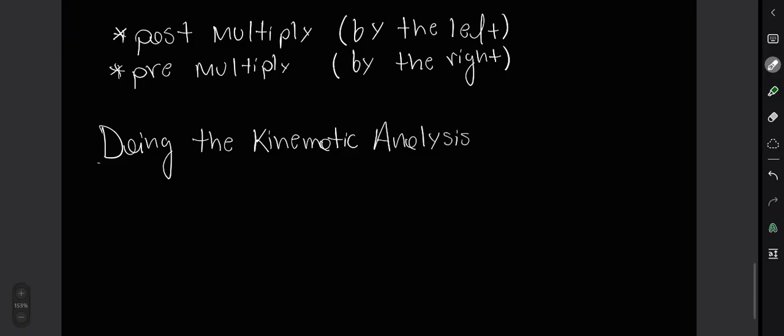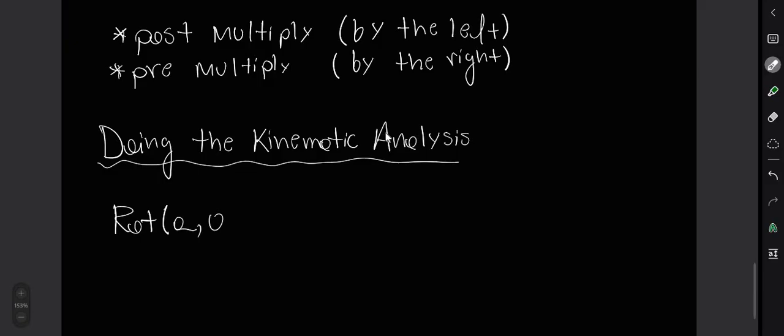Okay, nice. So we will post multiply by the inverse transformation of rotation about A with phi A angle.